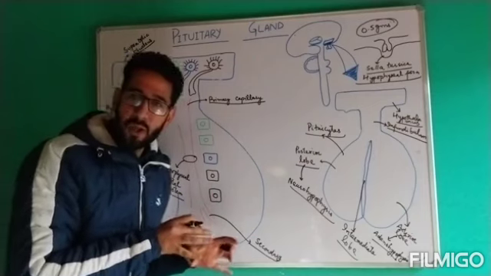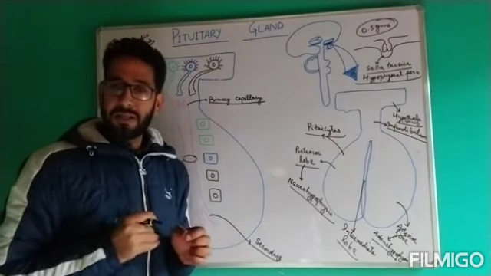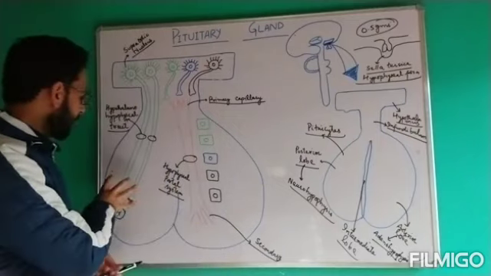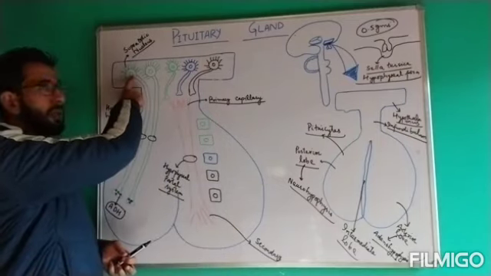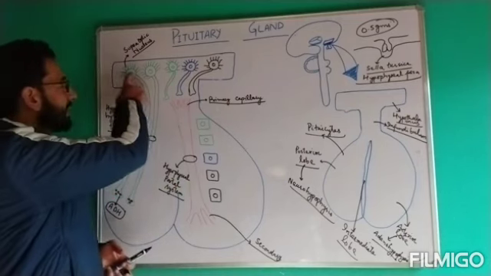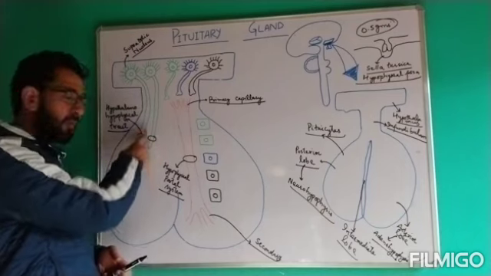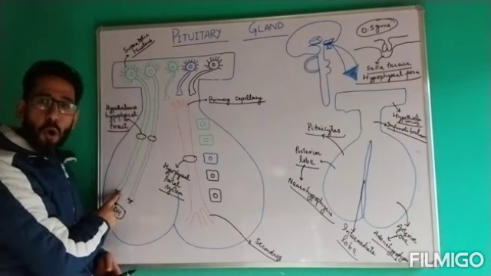What are the actions of this antidiuretic hormone? We will discuss that in a separate video. Here you have to remember that the supraoptic nucleus synthesizes a special hormone, which is transported down to the axon terminal and stored here.